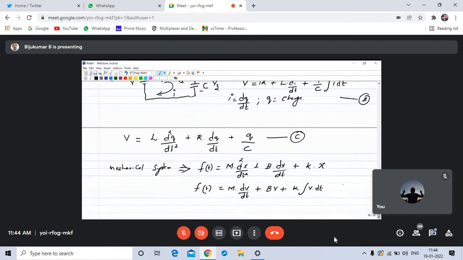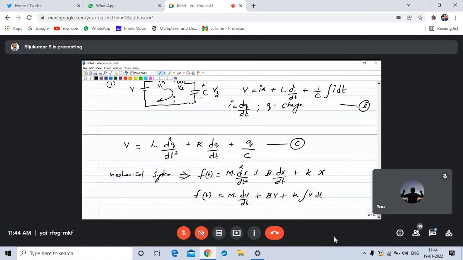Okay, so you can see here one important observation. If you compare this equation, let it be this one A, this one is B, this one is C, this one is D. If you compare, what is the observation?